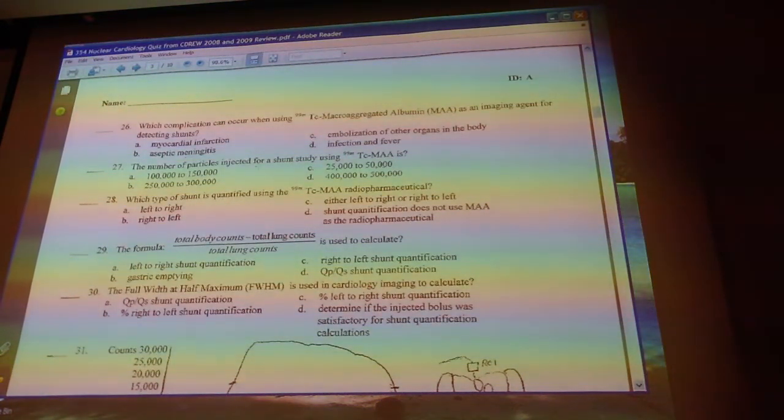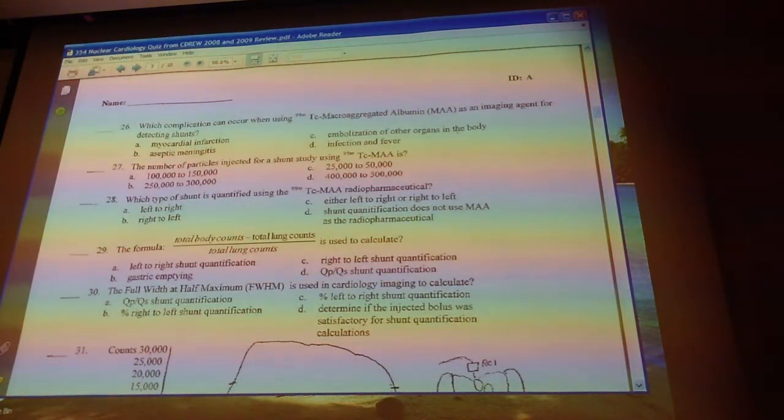But on this one here, so using MAA, okay, the complication of using MAA, which is why you have to keep the number of particles down, is because of C, embolization of other organs. You know, so you're talking about going to the capillaries of the brain, capillaries of the liver, capillaries of, well, the liver we're not too worried about, but kidneys.